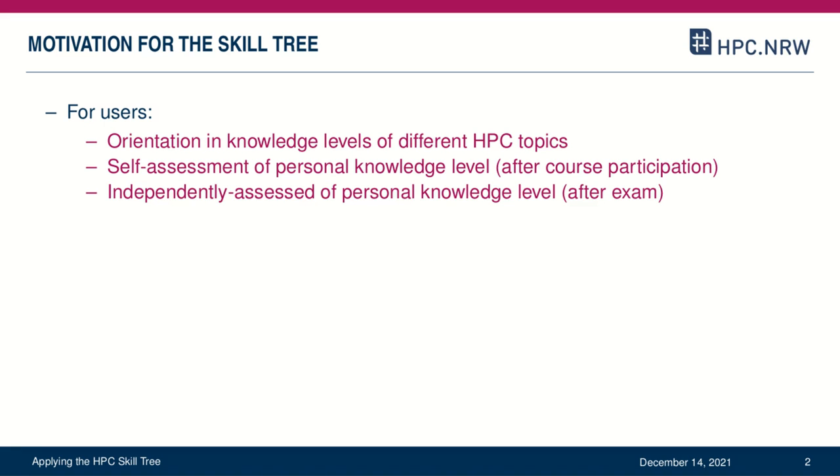So from what I understand, what I like about the idea of the skill tree is that for users, it should give an orientation of the different knowledge levels. So what should I know for a specific level? What are the basics of a certain HPC topic that I should know?